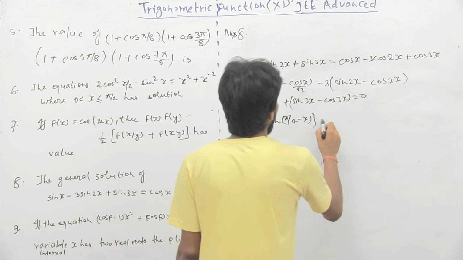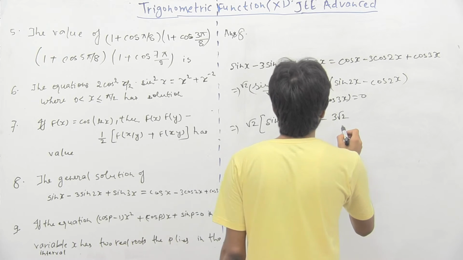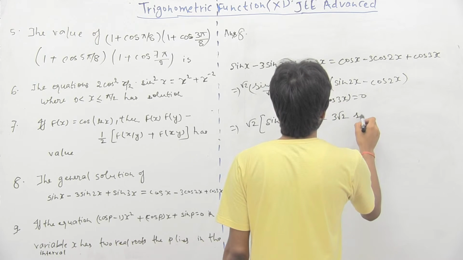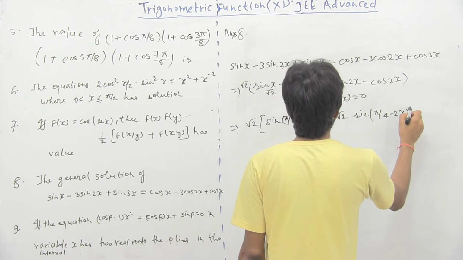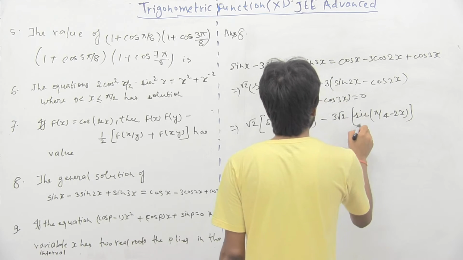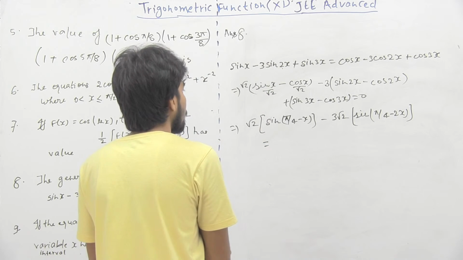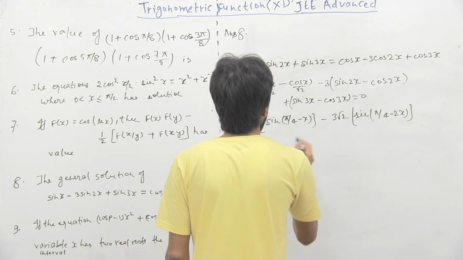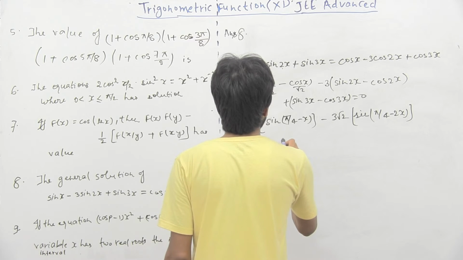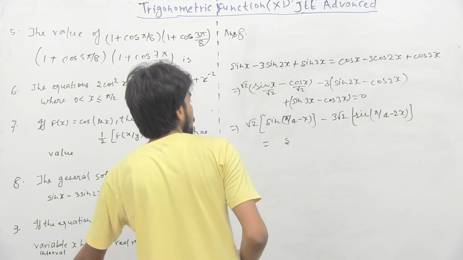And similarly do this with this term, 3 root 2 into sine (pi by 4 minus 2x), and in RHS we will have, one minute.